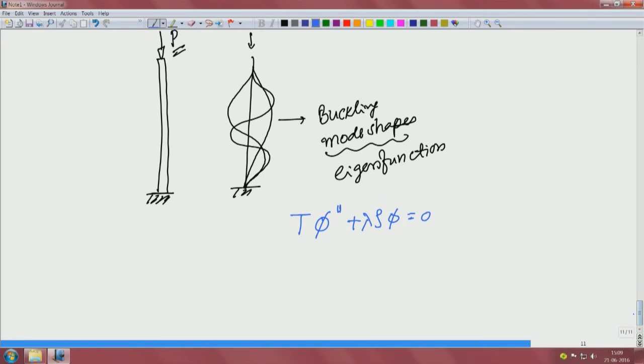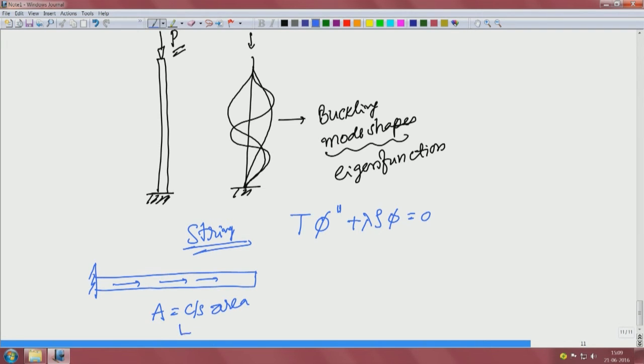This is for a string with tension T. And similarly, let us take a bar, where everything deforms only axially and it has a cross section area A, and E is Young's modulus, and this axial deformation we denote by U of x.